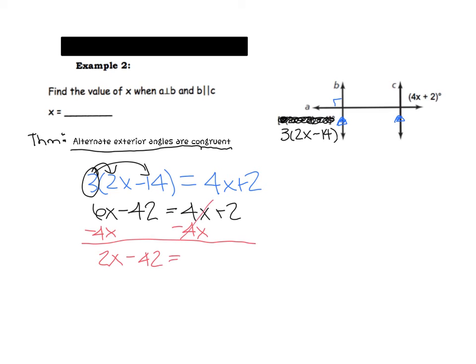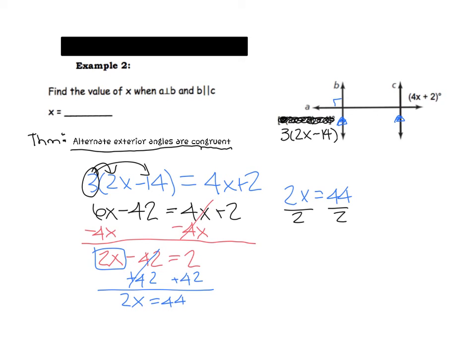Minus 42 equals, they canceled out, 2. Solving for x, I'm going to add 42 to both sides because I'm trying to cancel what's beside my box. And you get 2x equals 44. And if I do the last step, which is divide by 2, x equals 22.